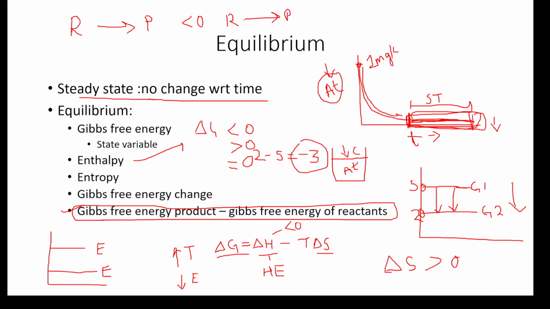Okay, but in some other reaction, like A is changing to B, and if Gibbs free energy is greater than 0, then A to C is not possible. However, C to A is possible. Okay, in this case, C to A will be possible.